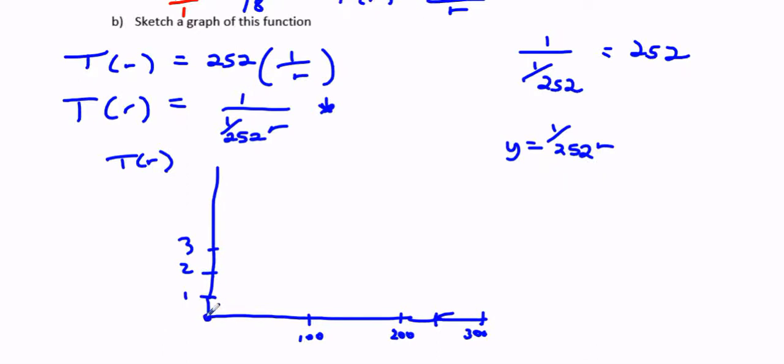Another point then, up 1 over 252. So here, pretend it's there. I'm going to graph this line. I'll use my graphing tool here. So that's going to be this line here.